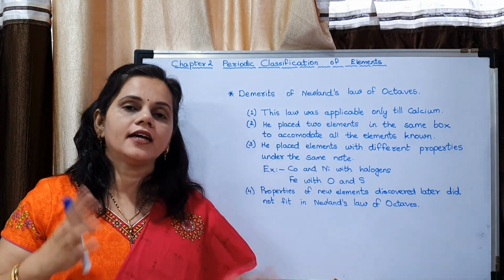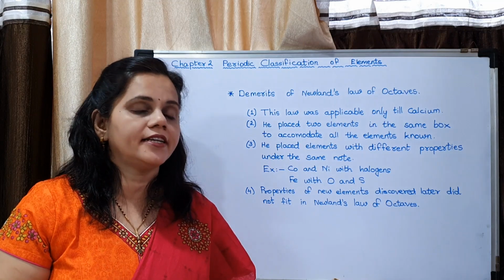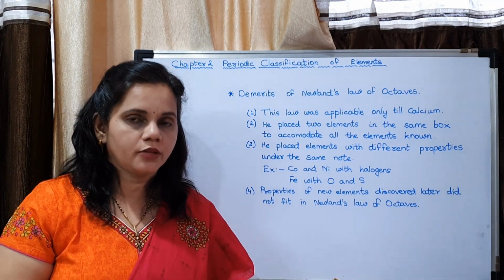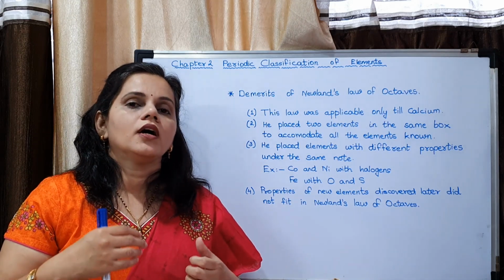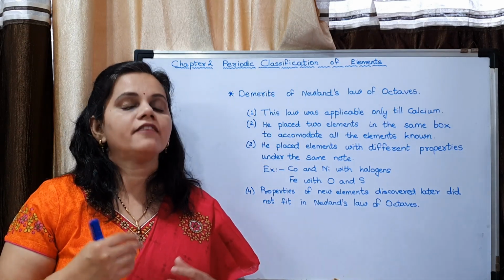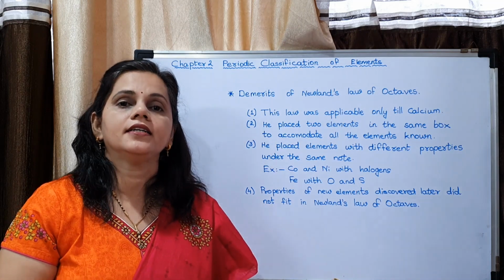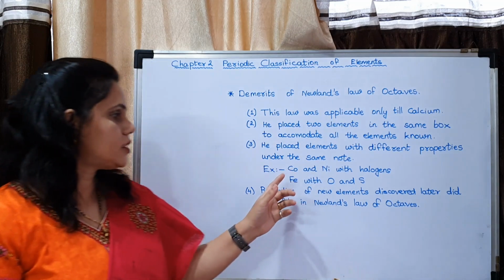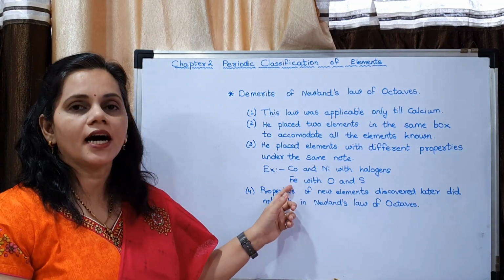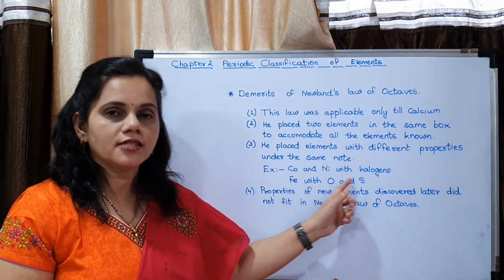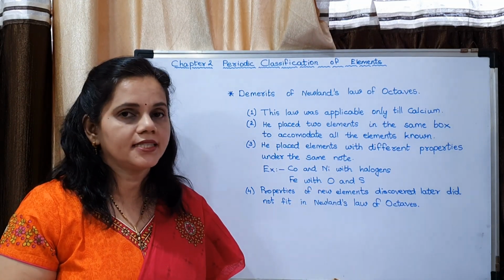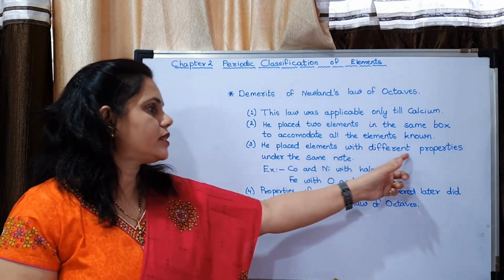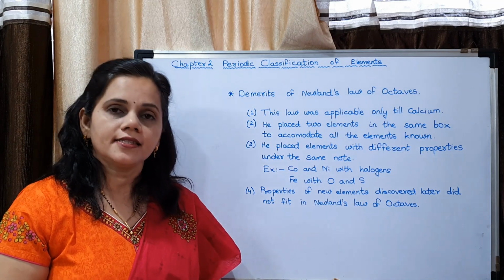Earlier the elements were classified into metals, non-metals, and metalloids, which you are familiar with. Oxygen is a non-metal, sulfur is a non-metal, and iron is a metal, isn't it? So iron was arranged with oxygen and sulfur where the properties didn't match. What was the third demerit? He placed elements with different properties under the same note.